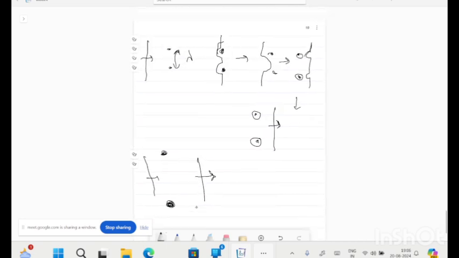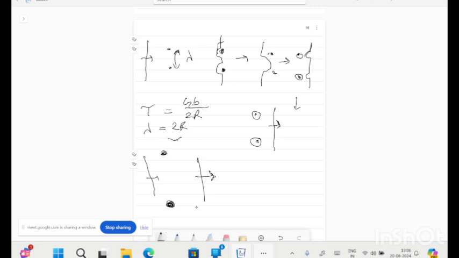So in the first case, the stress required to bend the dislocation is given as tau equals Gb by 2R. So R is the curvature of the dislocation, b is the Burgers vector, G is the shear modulus. Generally lambda, the interparticle distance, is referred as 2R.